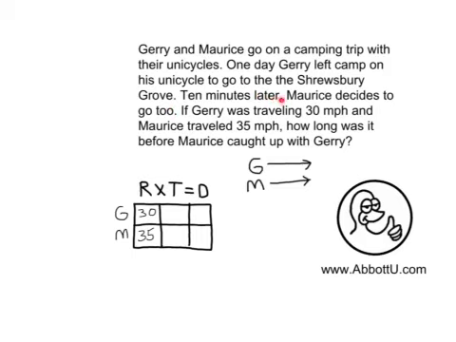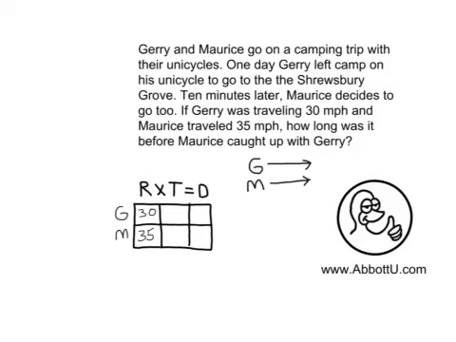So they just finished mentioning that part of it, and then they move into the question, how long was it before Maurice caught up with Jerry? In other words, after Maurice left, from that point forward, how long was it before he caught up with Jerry? So the unknown value that we're trying to figure out is how much time Maurice spent on the road.